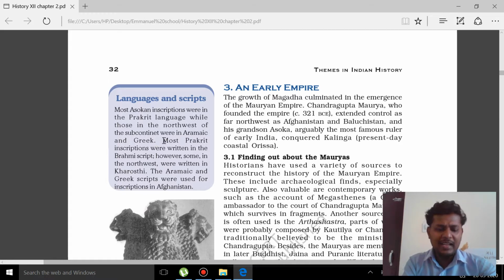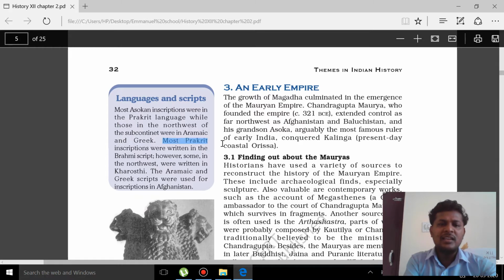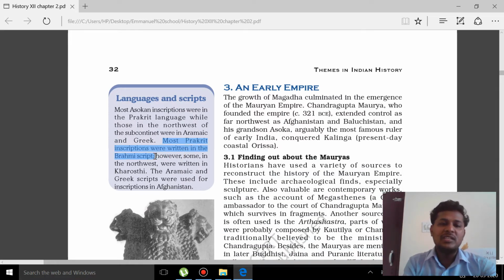Most Prakrit inscriptions had a script called the Brahmi script. Very important for your MCQs. Prakrit inscriptions had which script? Brahmi script. Whereas in the northwest, the languages like Aramaic and Greek inscriptions had the script called Kharoshthi script.